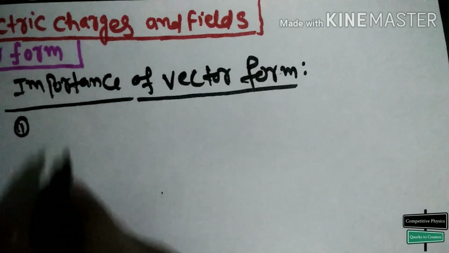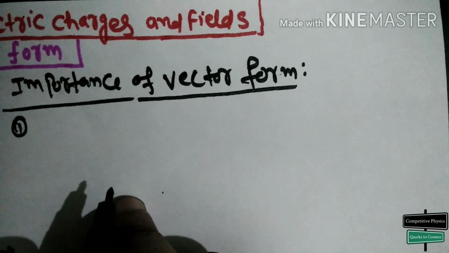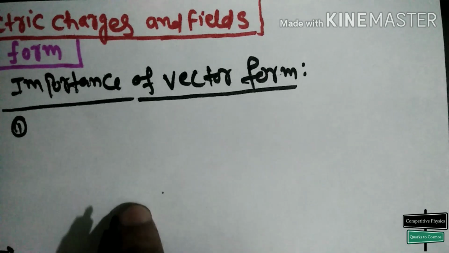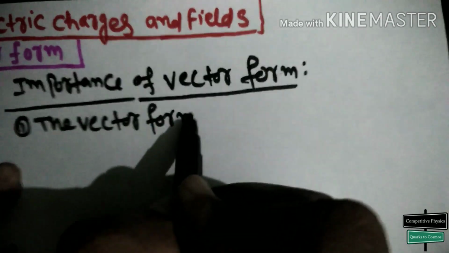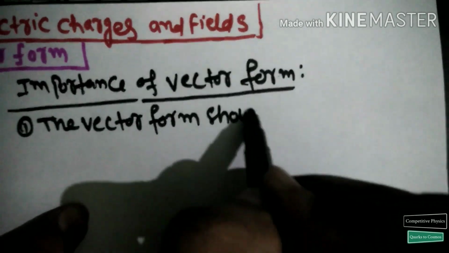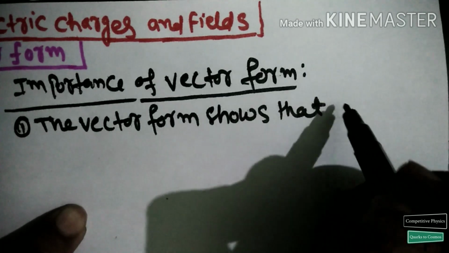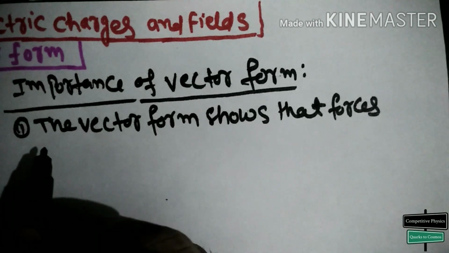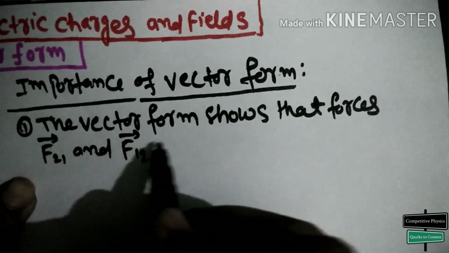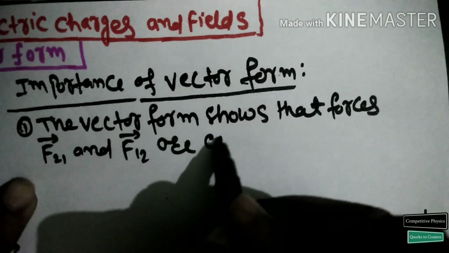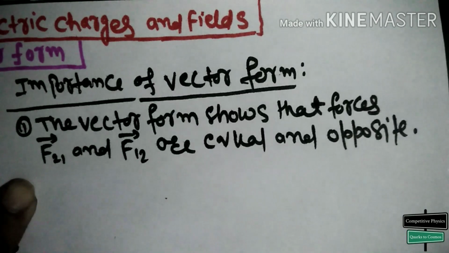First point I can write here, the vector form shows that forces F21 and F12 are equal and opposite.